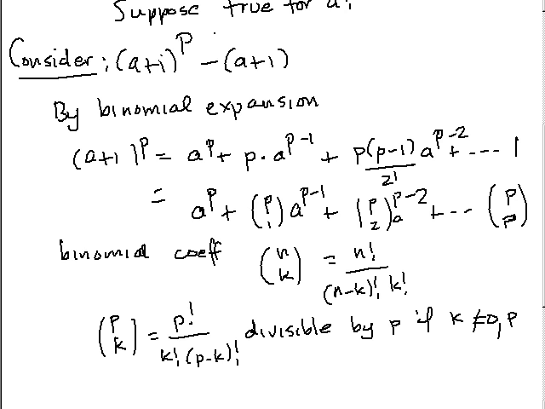Okay, so let's just go ahead and subtract. So this implies what? This implies that (a plus 1) raised to the p, minus the two terms that are not divisible by p.